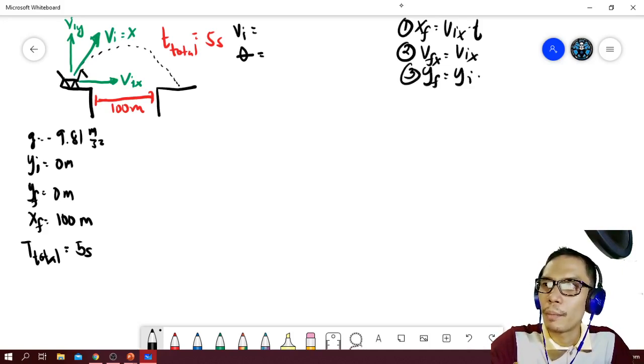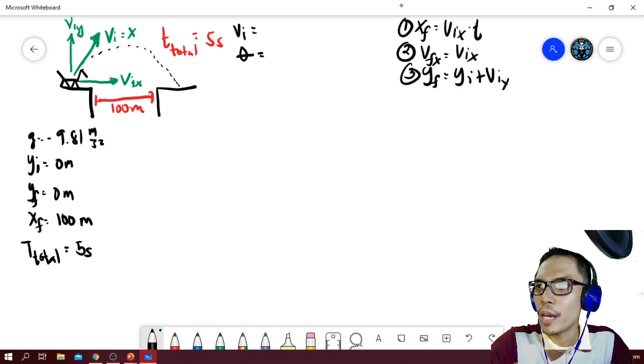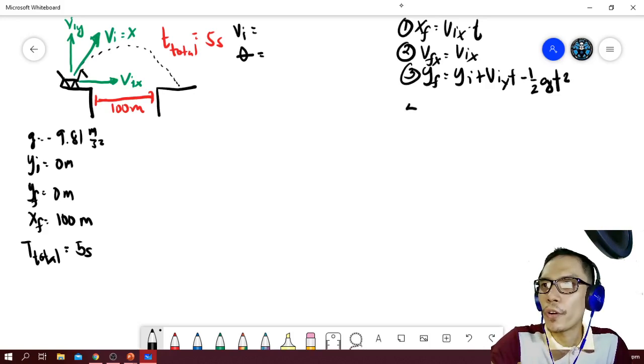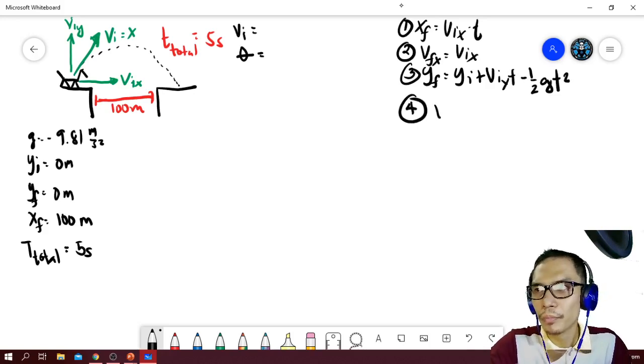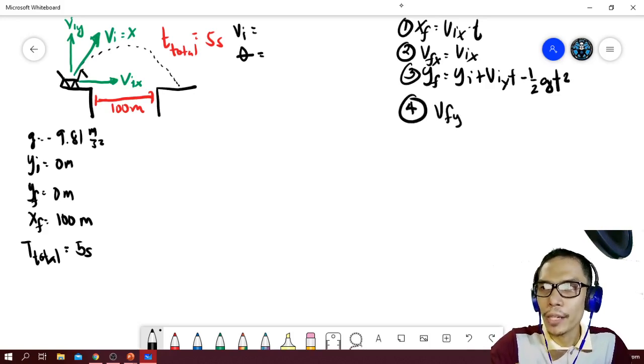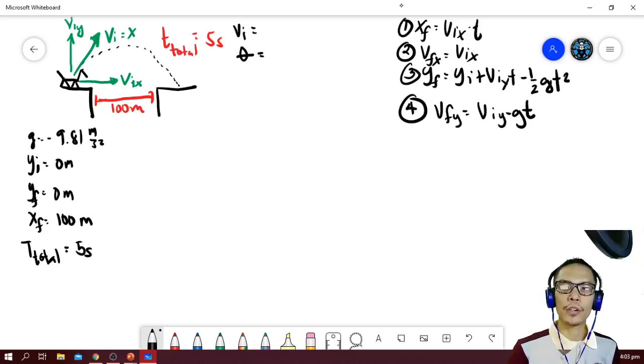So we have yf is equal to yi plus viy t minus 1/2 gt squared. Next, number 4 is v sub fy is equal to v sub iy minus gt.